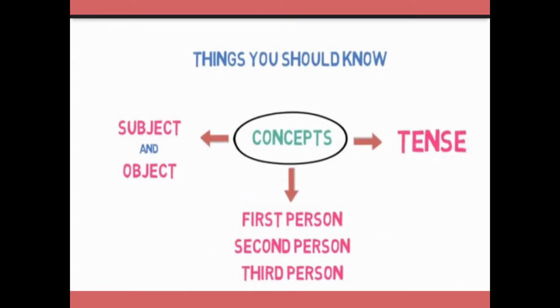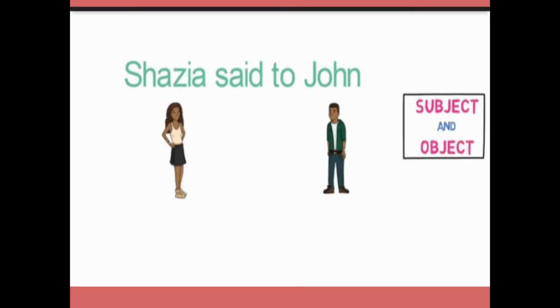Now, things you should keep in mind, things you should know to change direct speech into indirect speech. First is subject and object in the reporting verb, then pronouns, then tense. See one example. Let's discuss subject and object. Sazia said to John. Sazia is speaking here and she is talking to John.